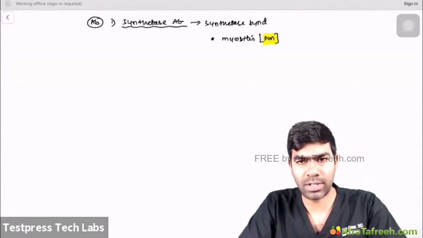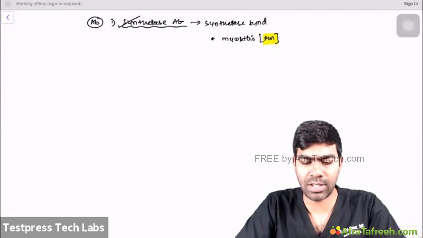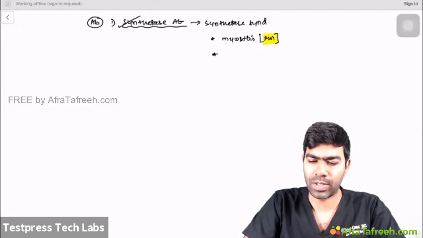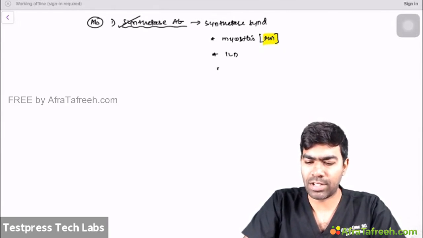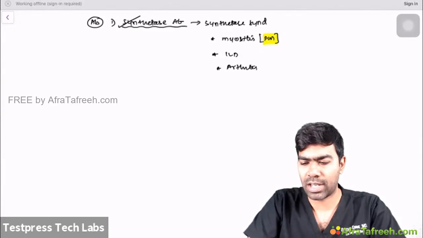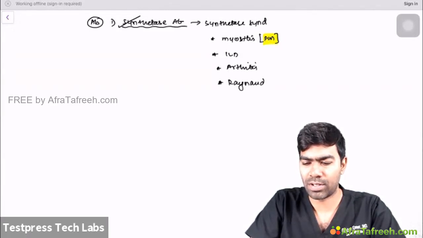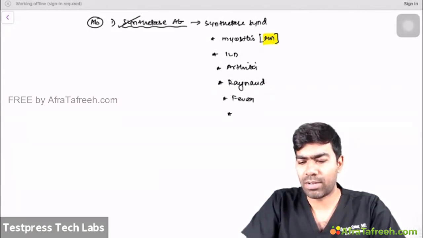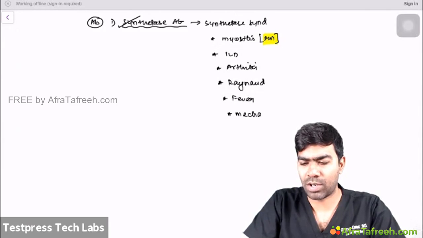When you do a biopsy, we'll see most of the cases associated with synthetase syndrome will have a polymyositis phenotype only. And they can develop interstitial lung disease. They can develop arthritis. They can develop Raynaud's phenomenon. They can develop fever. And they can develop a particular skin manifestation called mechanic's hands.